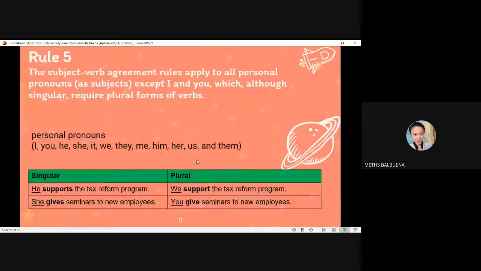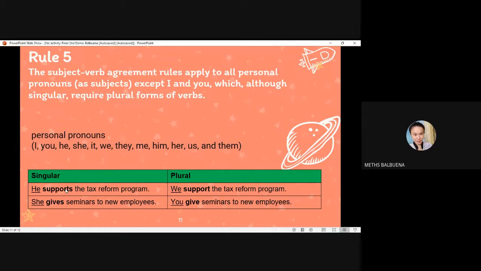Okay, and rule number five: the subject-verb agreement rules apply to all personal pronouns as subjects except I and you, which, although singular, require plural forms of verbs. So here are the personal pronouns: you, he, she, it, we, they, me, him, her, us, and them. Here are the examples.